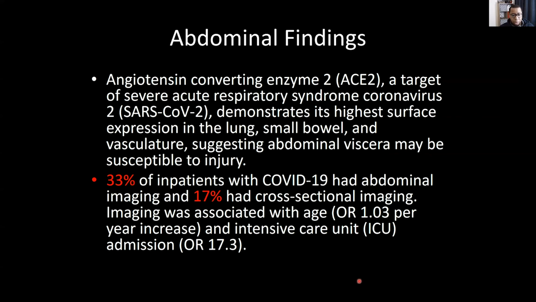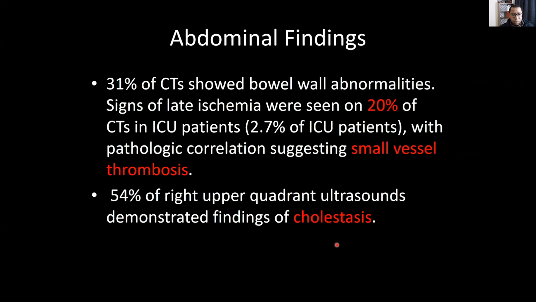And imaging was associated with age. So older patients were more likely to get imaging and intensive care unit admission, right? So 31% of CTs showed bowel abnormalities. And late signs of ischemia were seen in 20% of CTs in ICU patients, with pathologic correlation suggesting small vessel thrombosis.